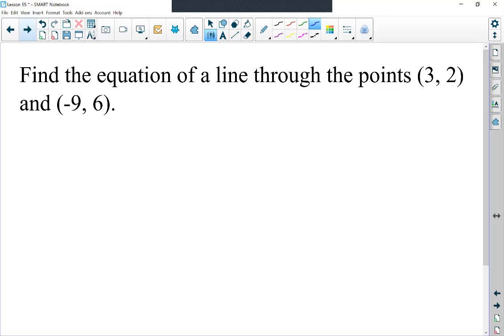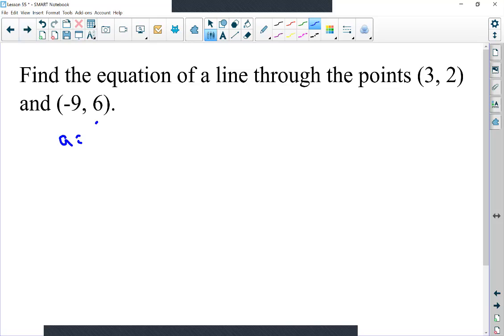But in order to write an equation in slope-intercept form, we need to know two things: the slope and the intercept. So if we use our formulas to find the slope, our formula says take the difference in our y values divided by the difference in our x values.